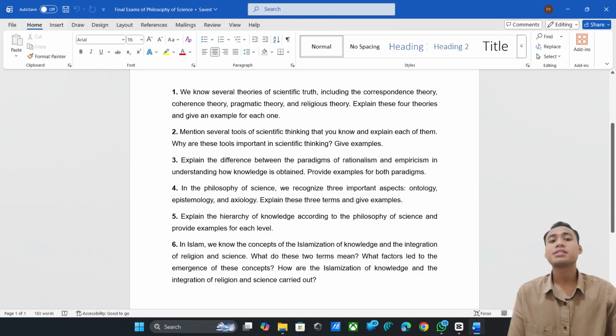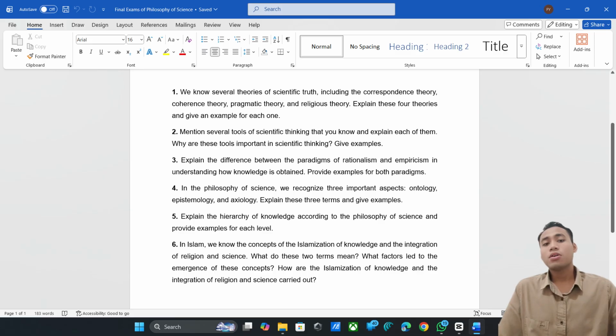Philosophy, which studies deeper questions about reality and knowledge, and religious knowledge, which is based on revelations, such as Islamic theology. So these levels show how different kinds of knowledge are built. Okay, go to the sixth question.